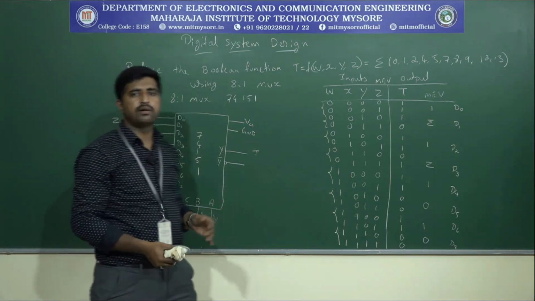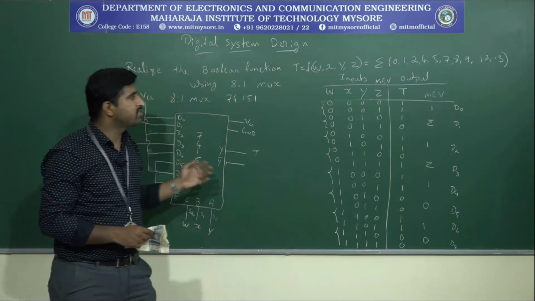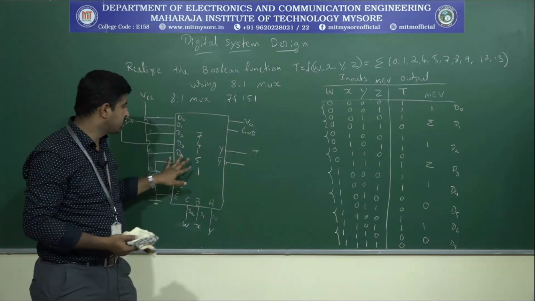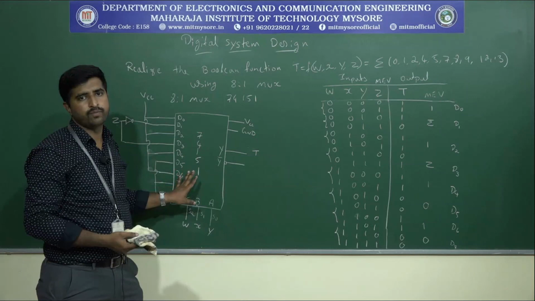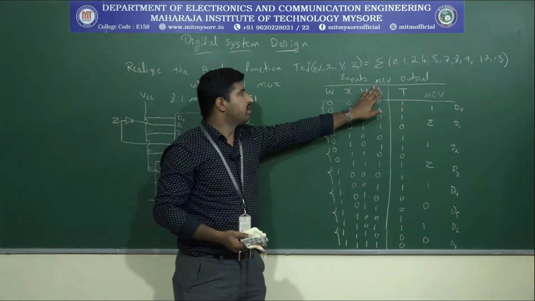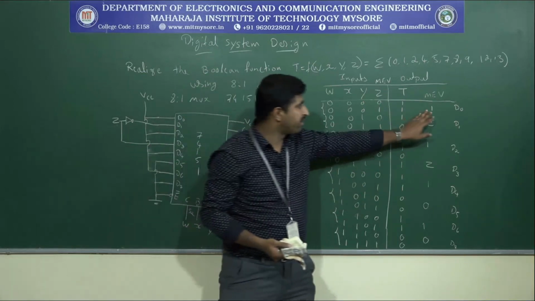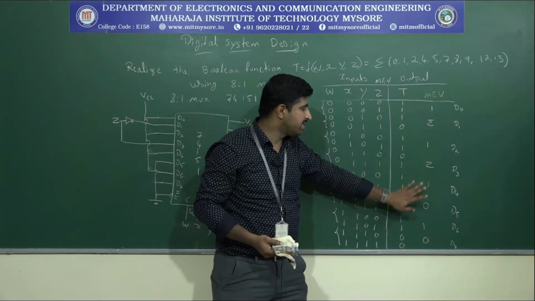I hope you understood the problem. Like this we can realize any given Boolean function using the 74151. The main thing is that we need to represent the output in terms of Z. So here we have written 1, Z bar, 1, Z like this.